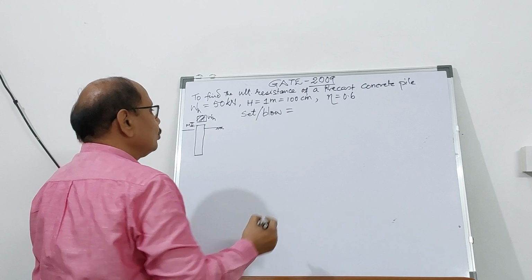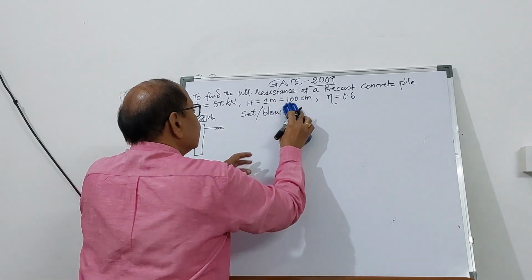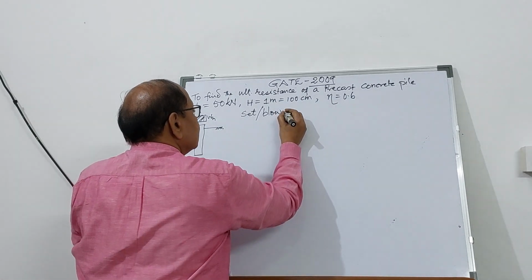The set per blow is given to you, you can write the symbol also.